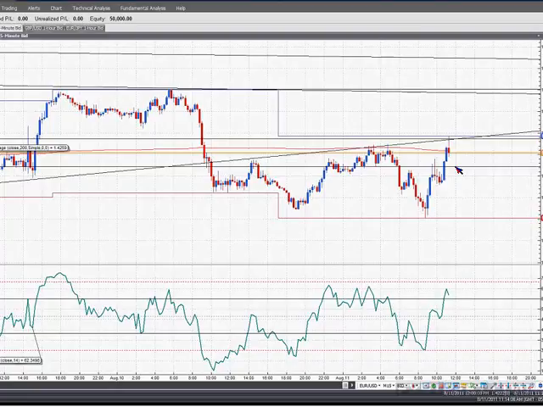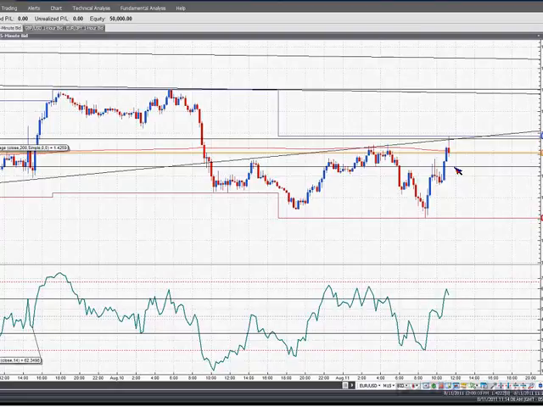We do see some common pivots here that need to be broken before we consider any bullish outlook. Okay, so I would say 80 area, psychological resistance of 80 needs to break before we consider the bullish outlook.